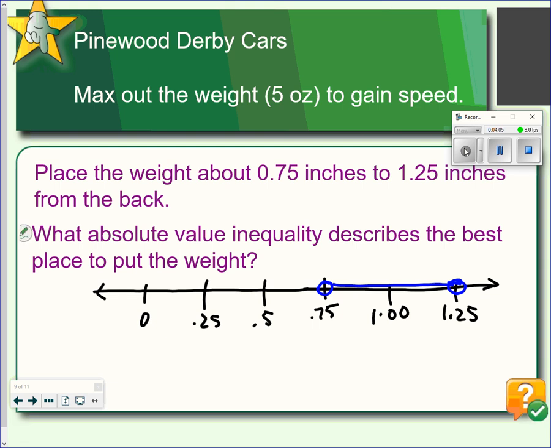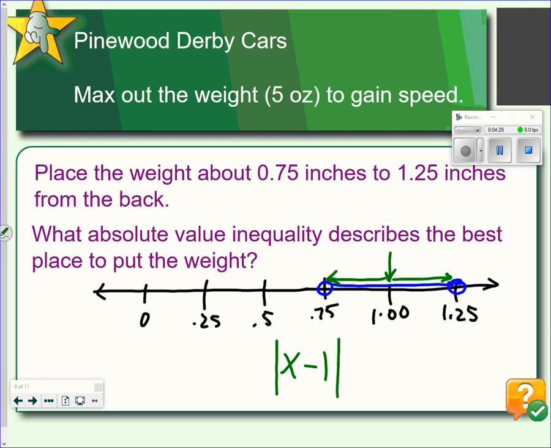So to write the absolute value inequality, we first want to know how far is the middle of this shaded region from 0. So it's 1 unit from 0. I start with x minus 1 with the absolute value stuff on it. From the center of the graph out to the endpoints is our distance.